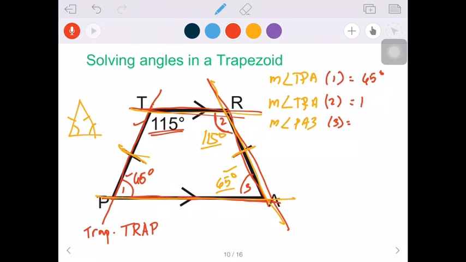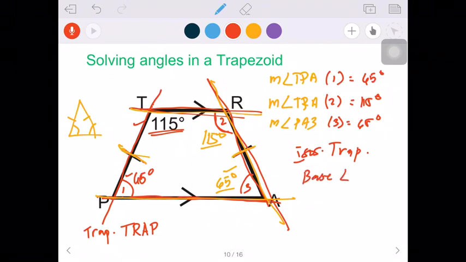So angle 2 is 115 degrees and this is 65. So one property here that we can tell about isosceles trapezoids is that there are two congruent angles, which are actually base angles. How do you know they're base angles? Because they're located on the bases. So we can say that the base angles of an isosceles trapezoid are congruent.